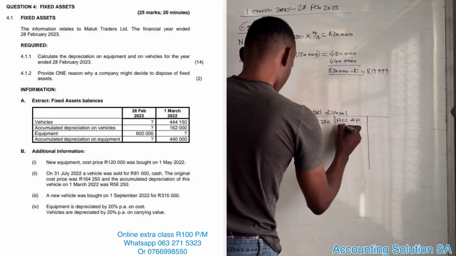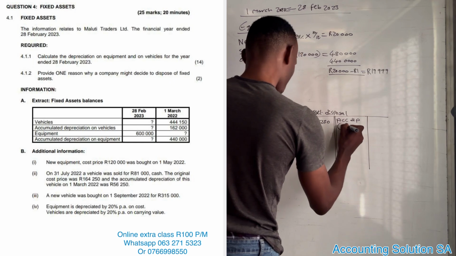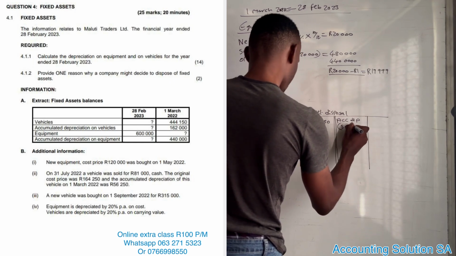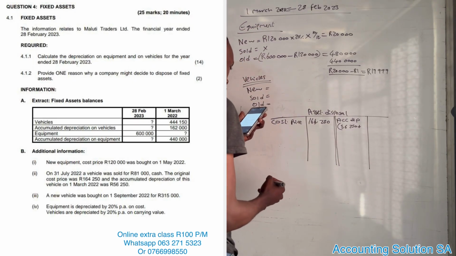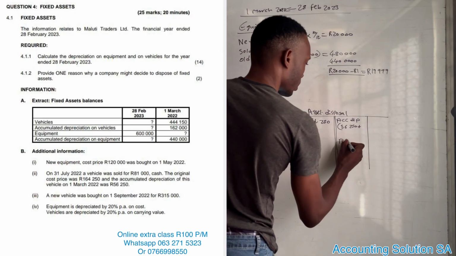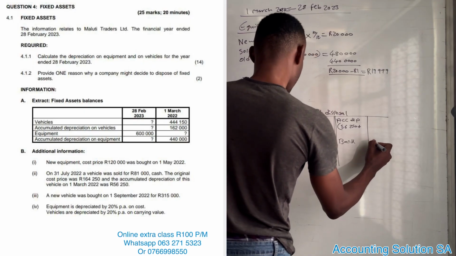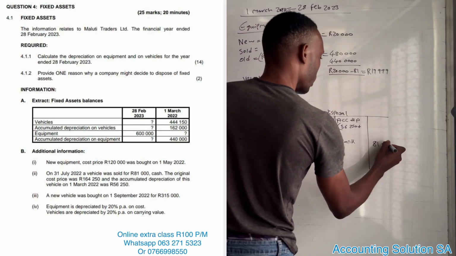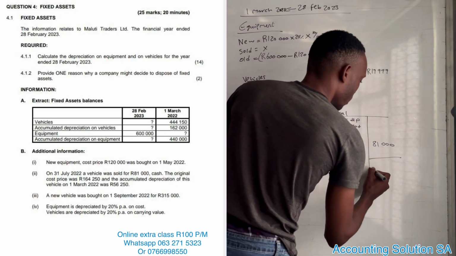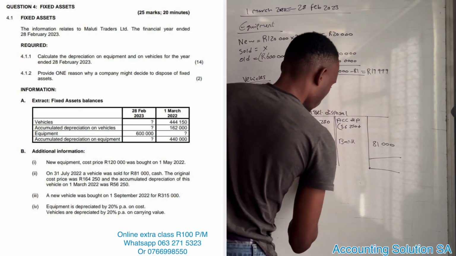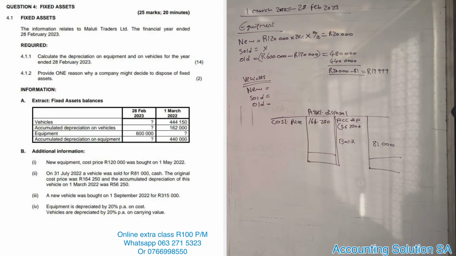Under accumulated depreciation, we have to add the one that we had, 56,250, plus the one that we are going to calculate. And it was sold for how much? By cash. Cash is the bank, and we write the amount of 81,000. After that, we can decide whether it's a profit or a loss.